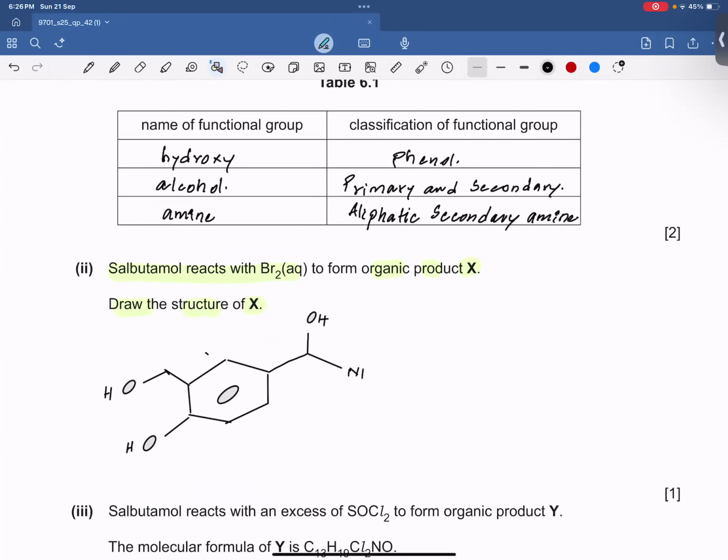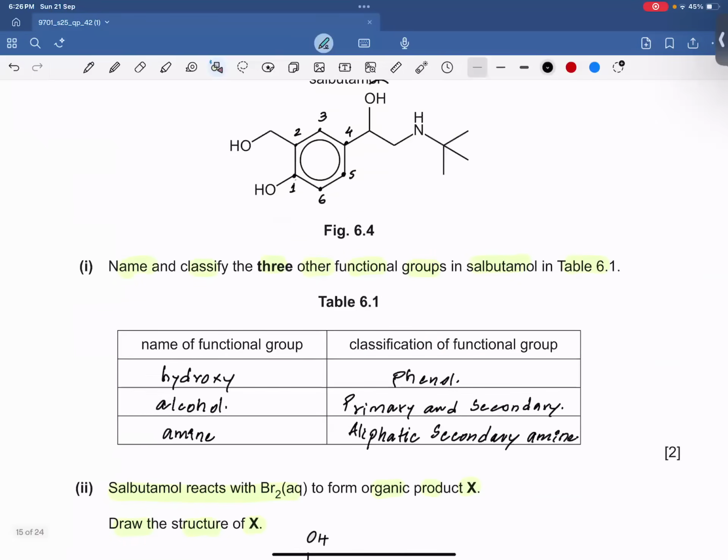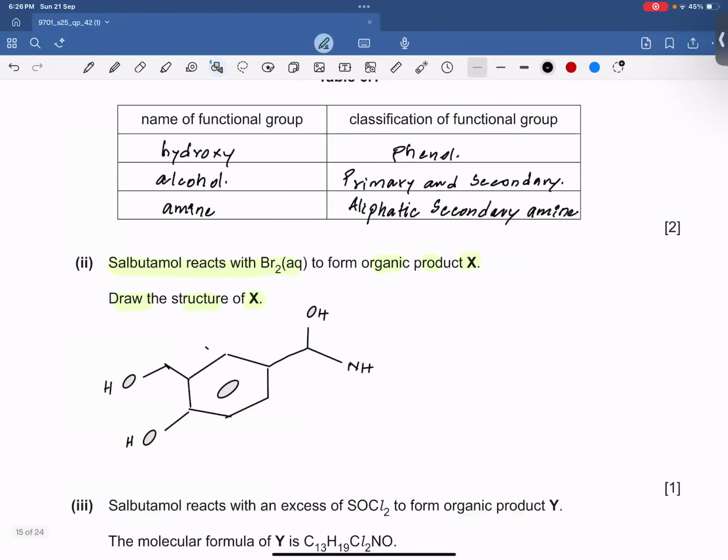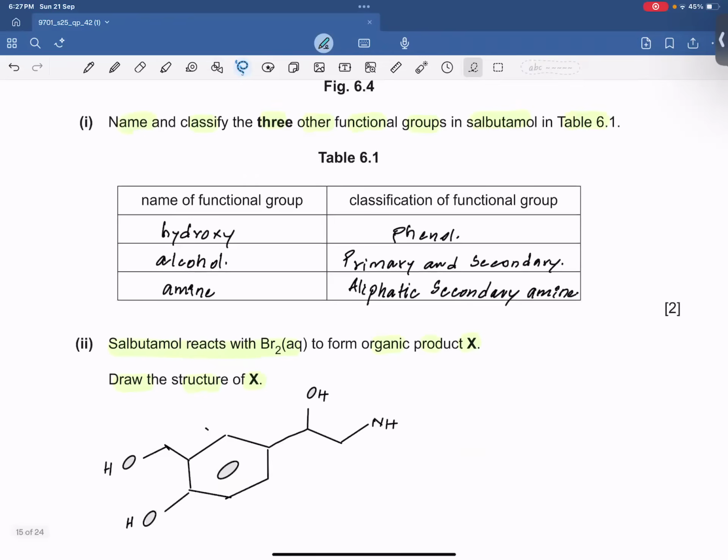This is NH. Okay, hold on. I need to add one hydrogen. Oh, that's the right one, yeah.